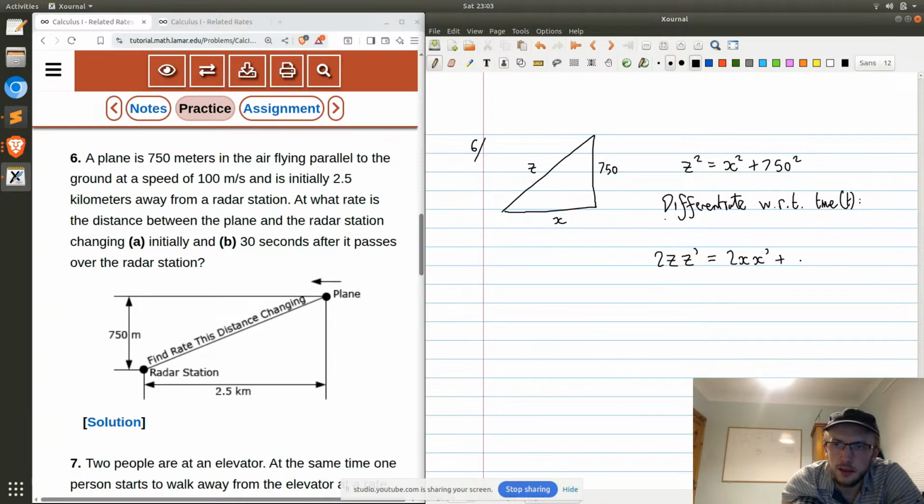This thing squared, which is that, then z prime, which is indeed what they care about. This, is it not?